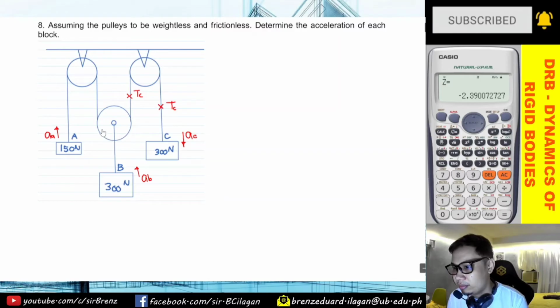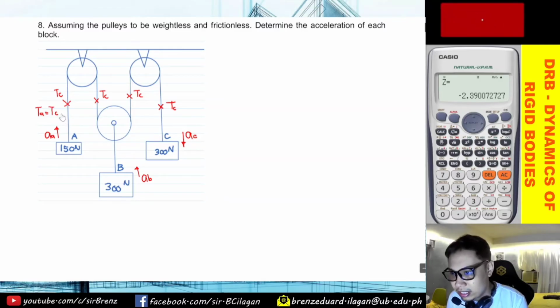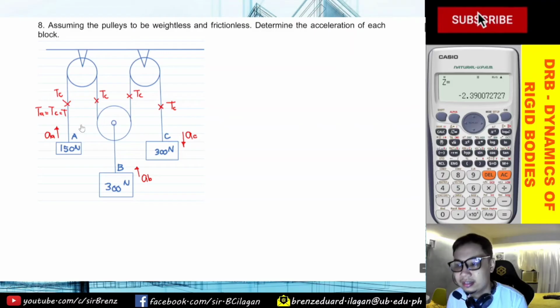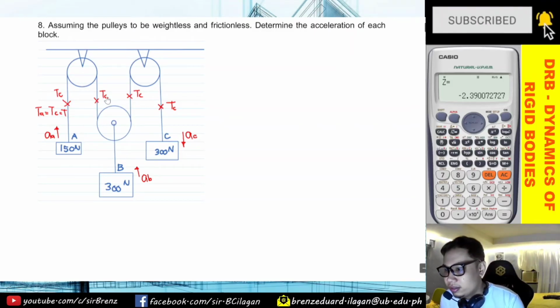Ibig sabihin pala, yung tension A ko is equals lang din sa tension C. Or pwede ko na sabihin sila as equals lang sila sa T. So, T na lang din to.